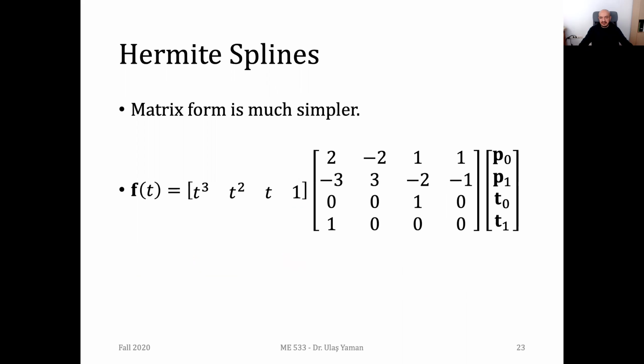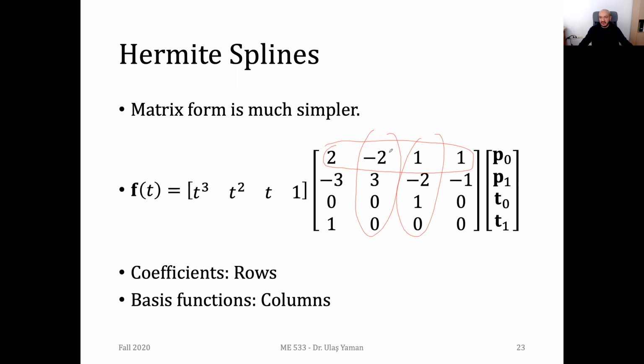So that's the result. And if you look at the coefficients here, the rows are actually representing the coefficients and the columns are representing our basis functions. So for instance, I think this one should be B0, right? You can simply write 2 times t cubed minus 3t squared plus 0 times t plus 1 times t to the 0.